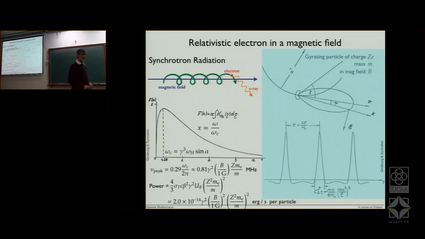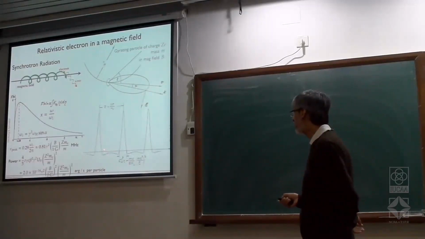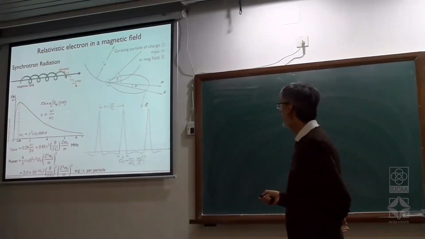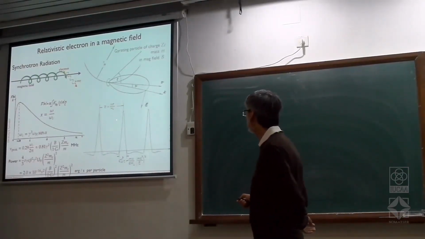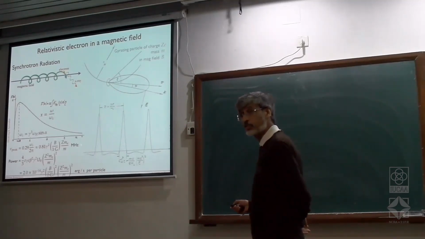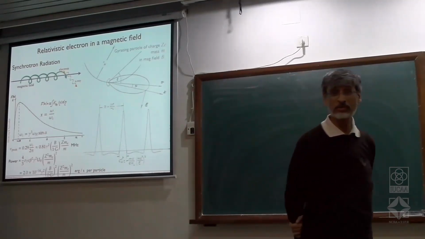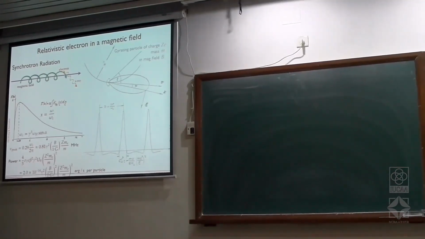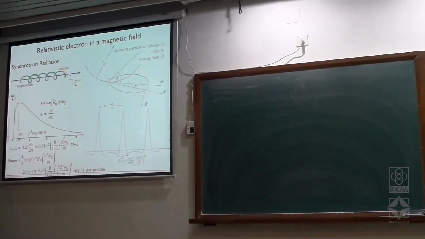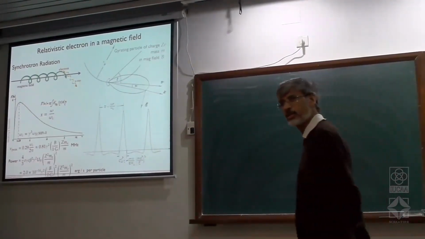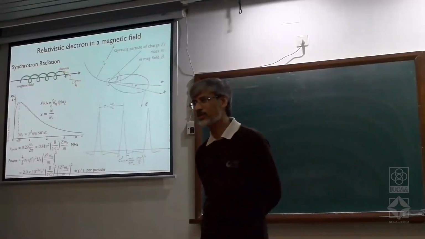Okay? So that is the rate at which it will repeat. And because this profile is not sinusoidal anymore, if you Fourier analyze this, you will get not just the fundamental frequency but many higher harmonics.